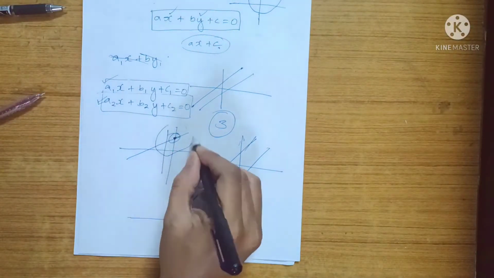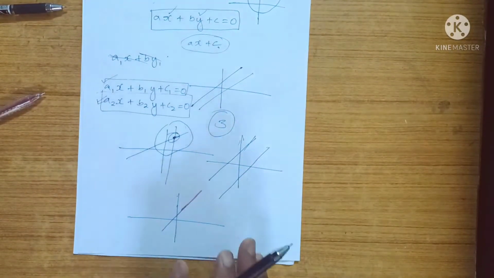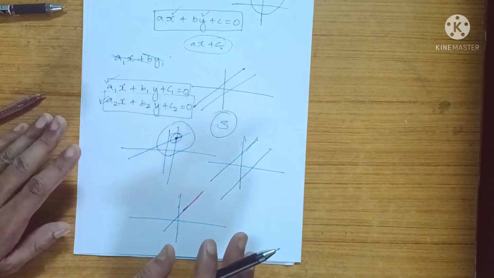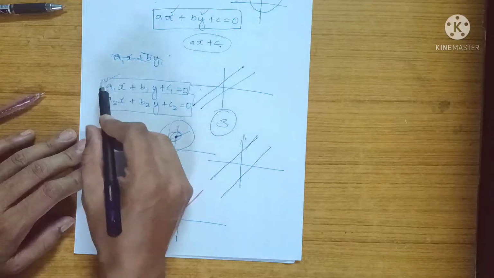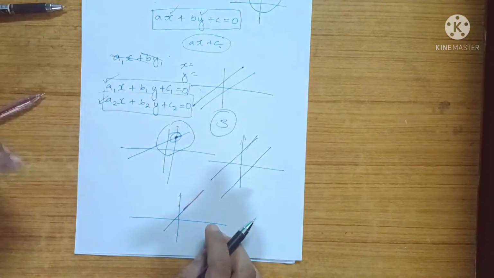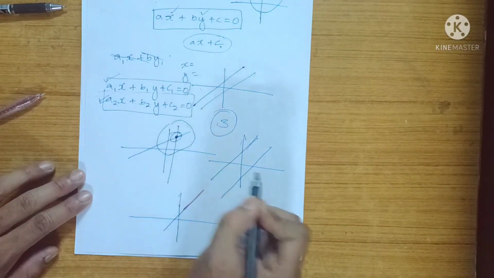Okay, so where they meet, this is what we're going to do. We're going to find the values of x and y in most of the equations. So we'll be solving this, and we'll be getting x equal to something and y equal to something. Okay, so x equal to something, y equal to something literally means the point of intersection.